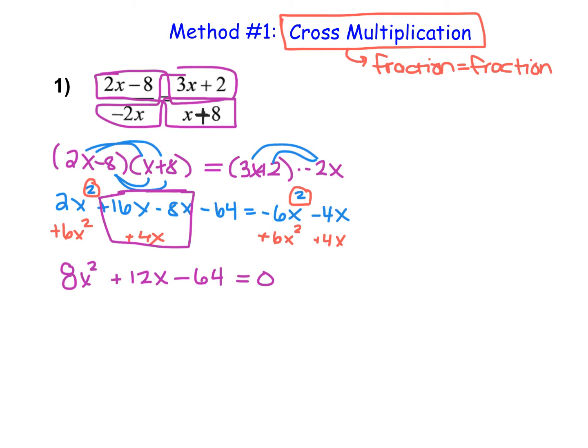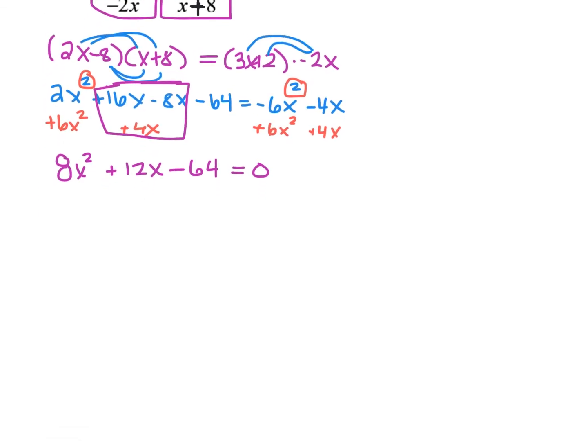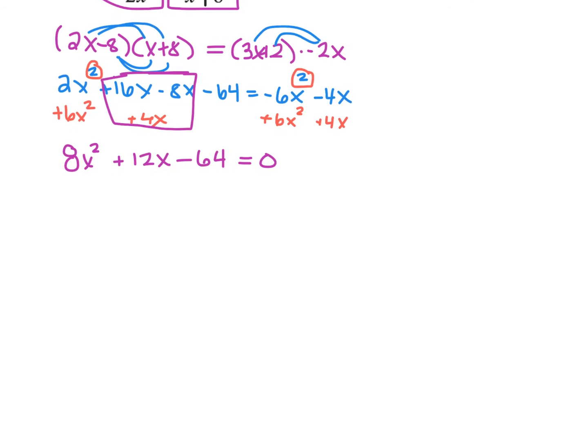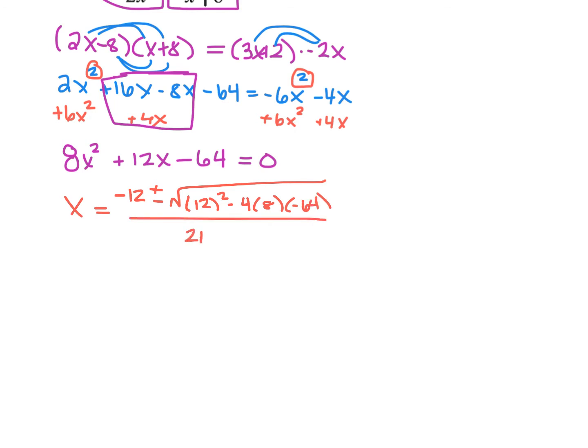Now because I have some large numbers here, I'm going to use the quadratic formula because that will just be the easiest and most consistent strategy that I can use here. So if I use the quadratic formula, I have x equals -b plus or minus the square root of b² - 4 times 8 times c, all over 2 times a.